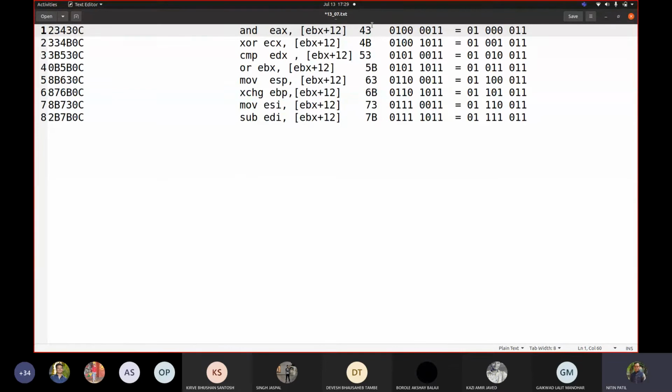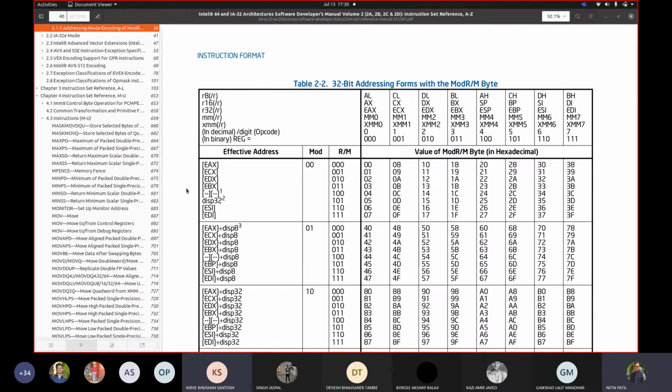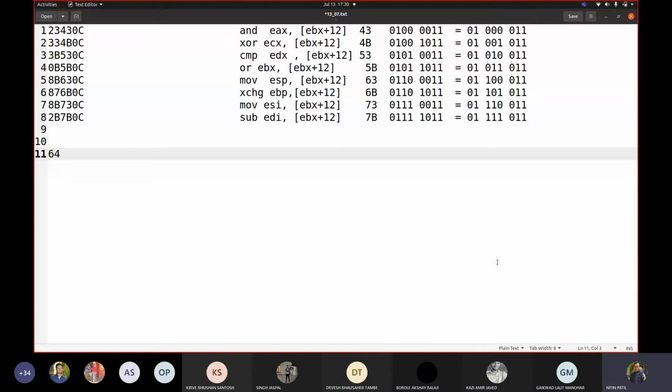Correct, for mod. So whenever you have this kind of instruction, you can change either of them, you can take any of them. So if I write here code as, for example, 64, tell me what would be the combination of registers for 64?